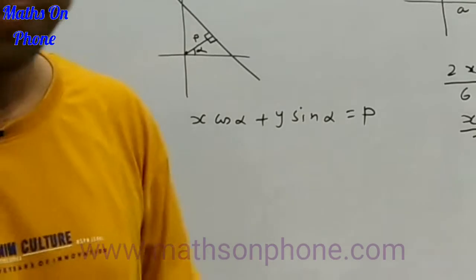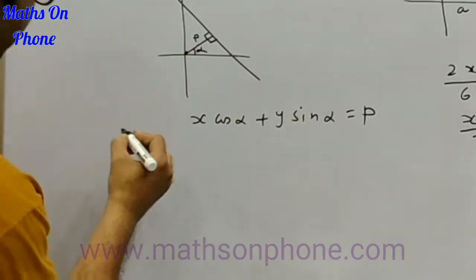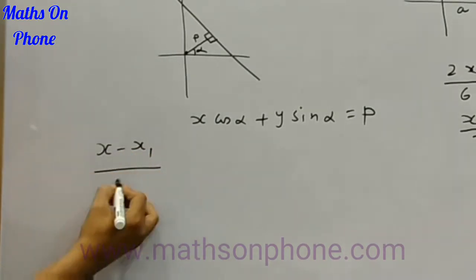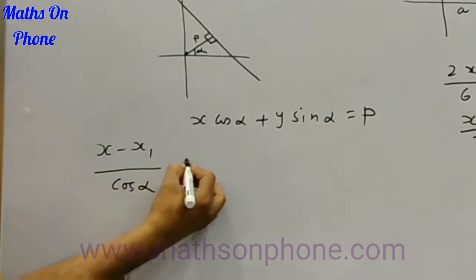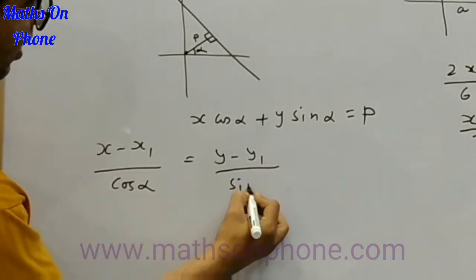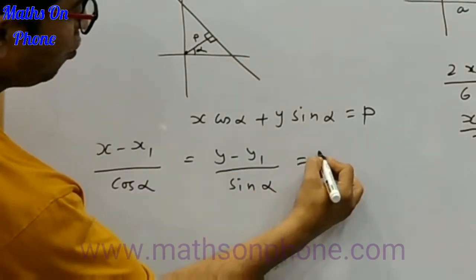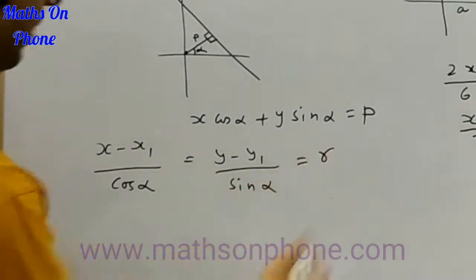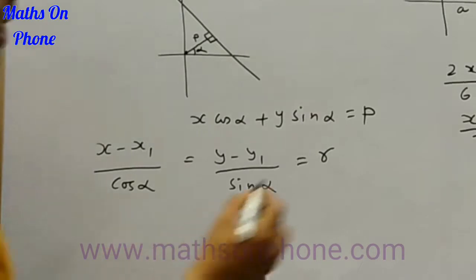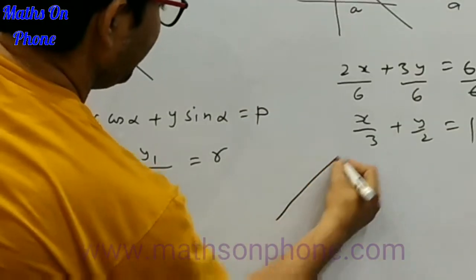Another form we will see, that is very important form, (x minus x1)/cos alpha is equal to (y minus y1)/sin alpha is equal to r. You can take plus minus r. Just see what is the relevance of that form. This is in this fashion.